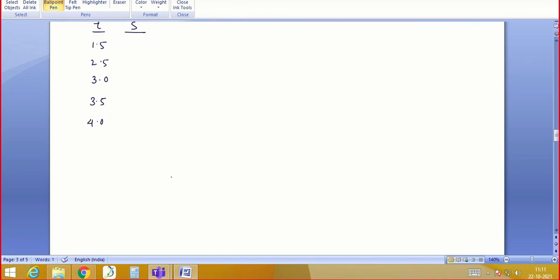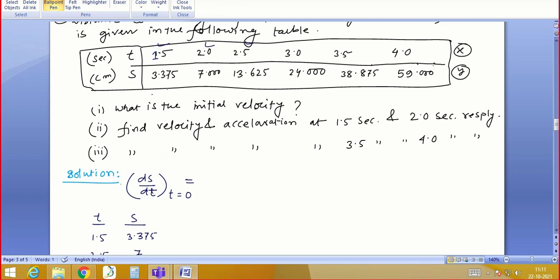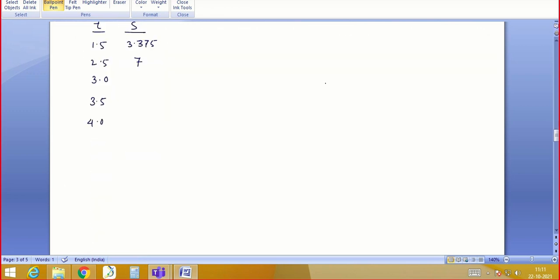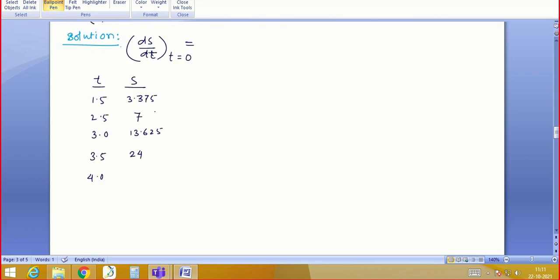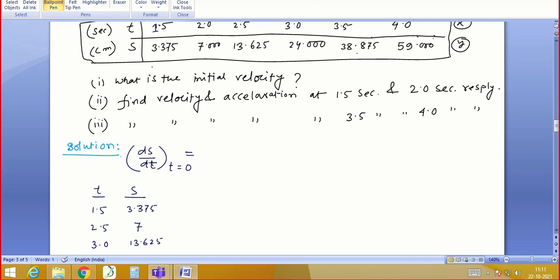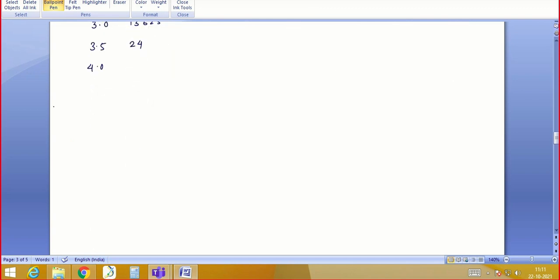The corresponding S values: 3.375, then 7, then 13.625, 24, and then 38.875, 59.